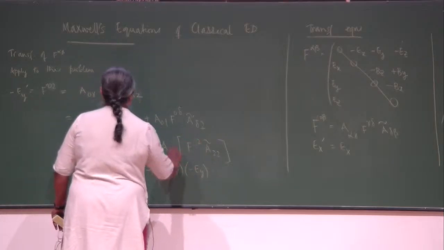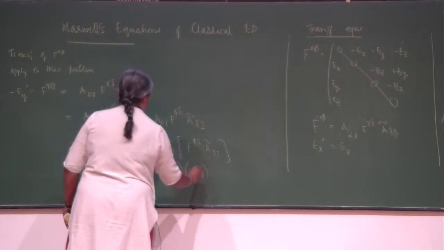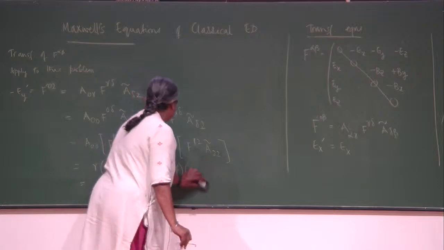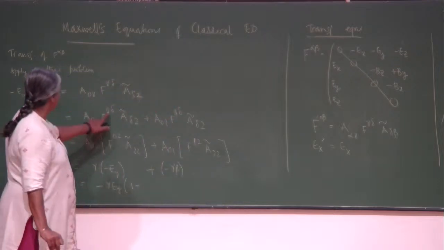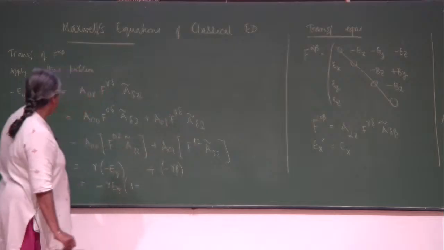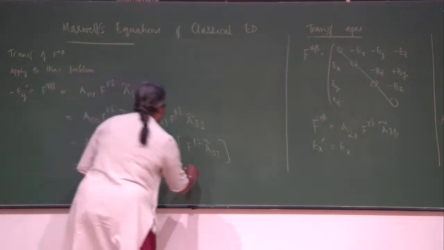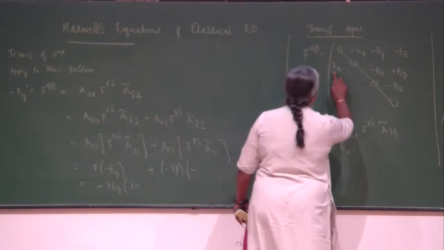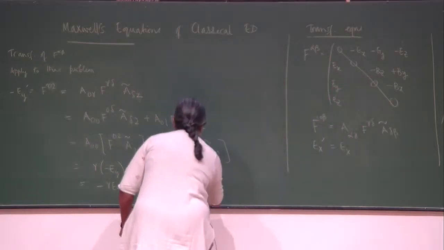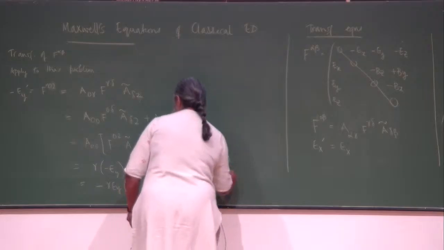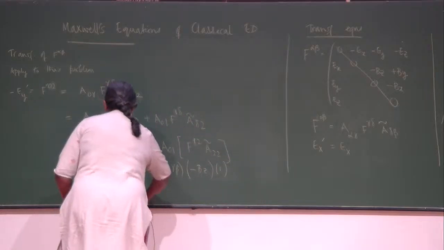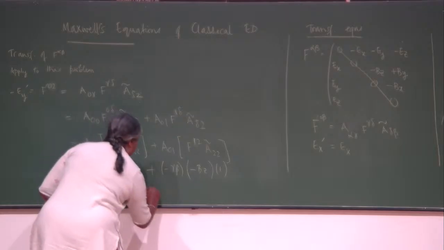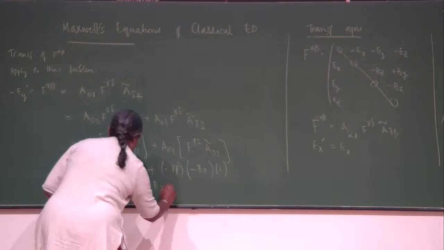This was a mistake of mine, F12. A00, 0 delta plus A01, F1 delta, correct? Okay. So F12 should be minus, according to me, 1 minus Bz, and A22 is 1. So Ey minus gamma into Ey minus beta Bz.